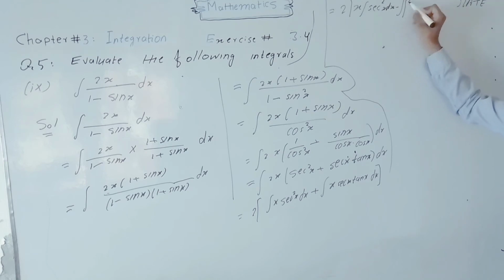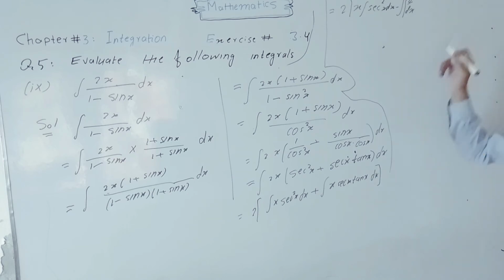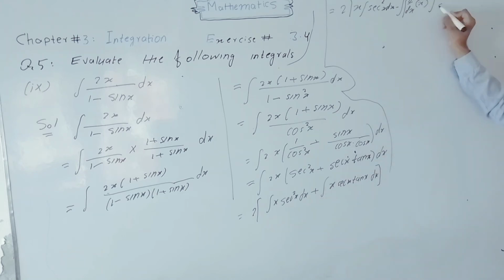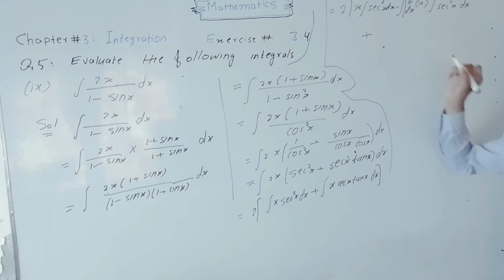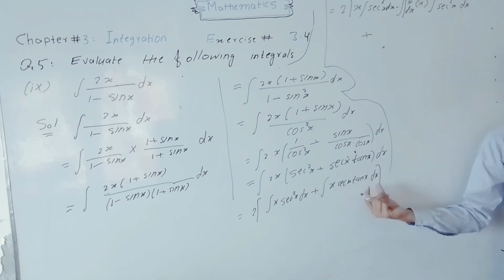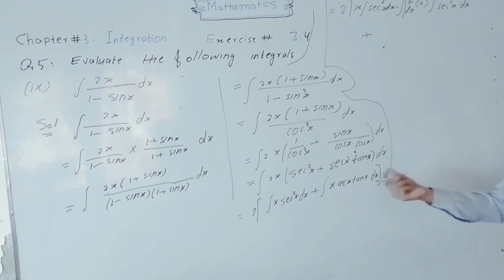integral derivative of first function, that is x, integration of second function, that is secant square x, into dx, plus first function is algebraic function and second function is a trigonometric function, secant x tan x.